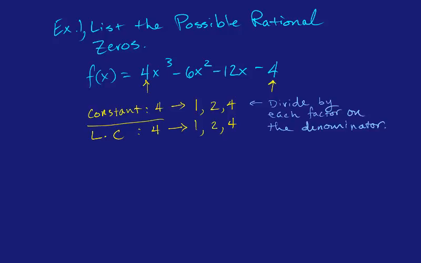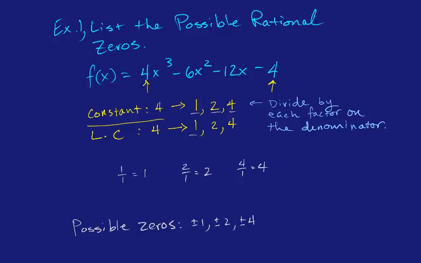First I'm going to divide 1, 2, and 4 by 1. So 1 divided by 1 is 1, 2 divided by 1 is 2, and 4 divided by 1 is 4. So the possible zeros, the rational root theorem says, can be 1, 2, or 4, but also their opposites. So plus or minus 1, plus or minus 2, plus or minus 4 potentially could be zeros of that polynomial.